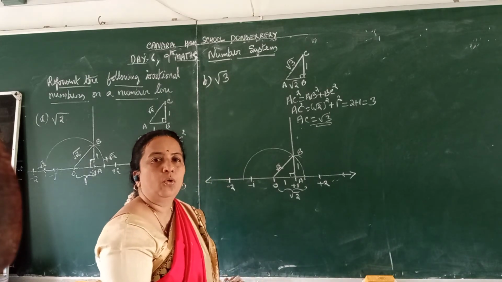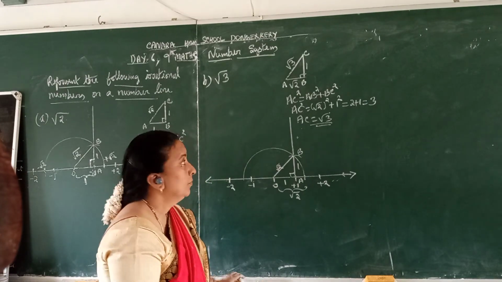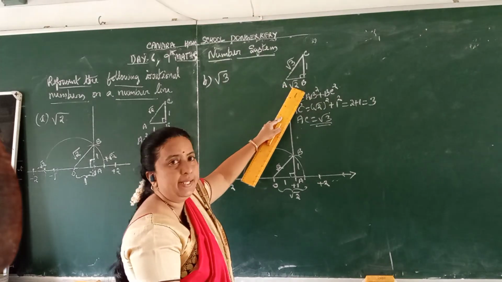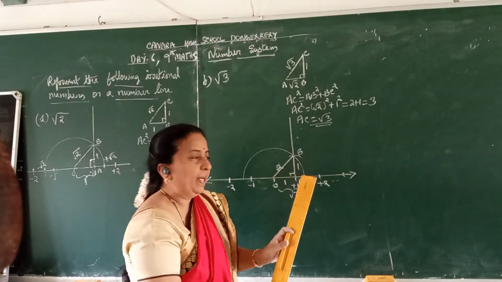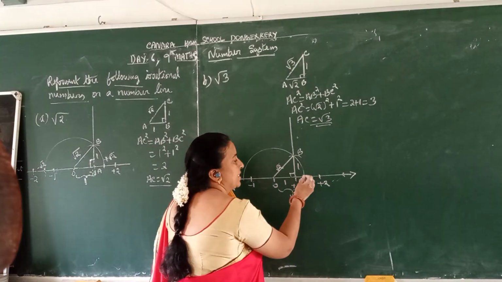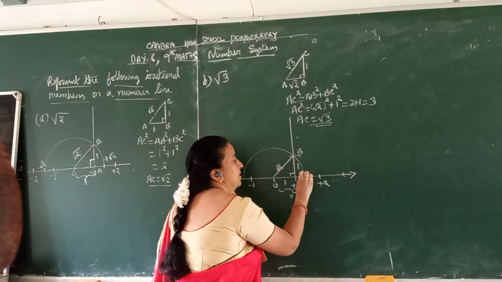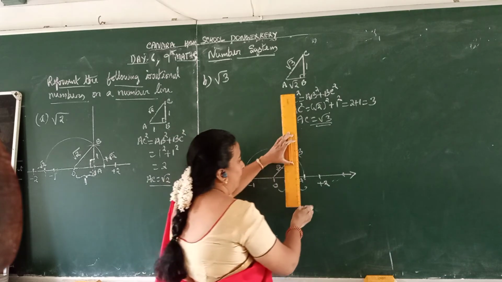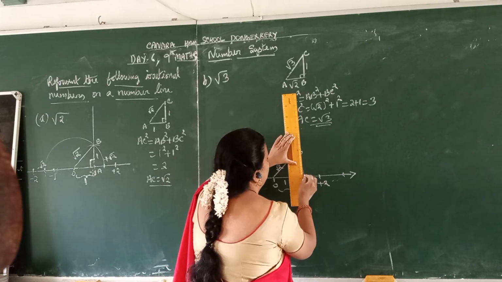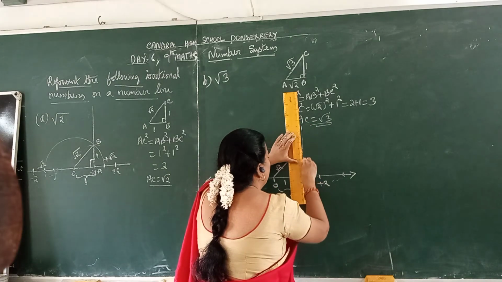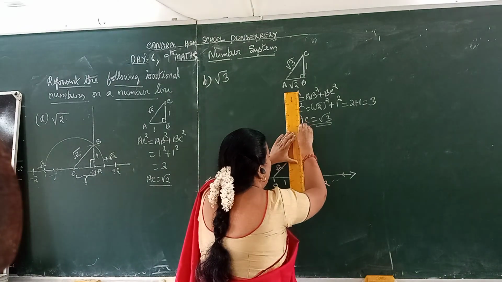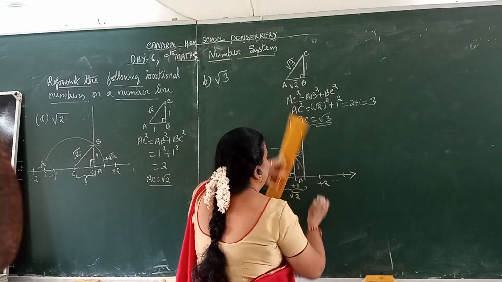OA is √2. That is our base. At √2 we have to draw a perpendicular. Where the semicircle touches the number line, draw one more perpendicular.